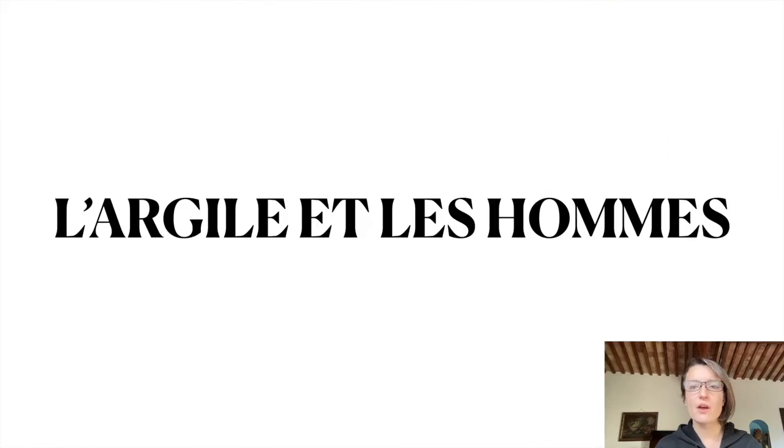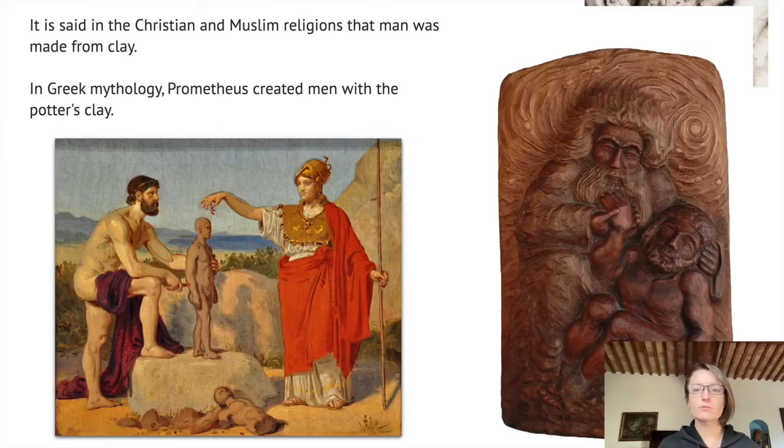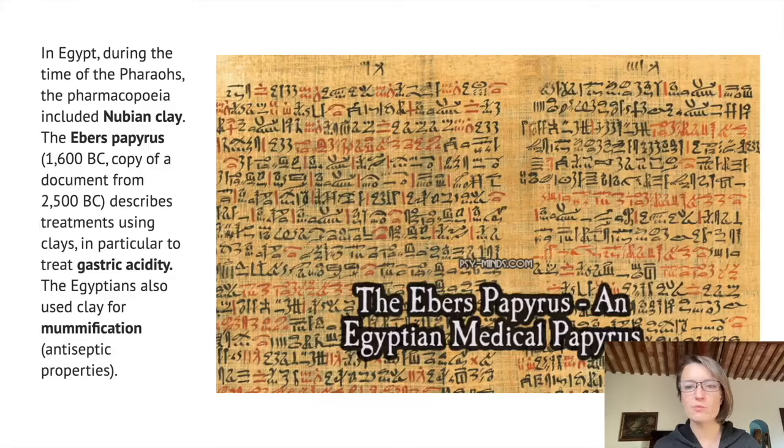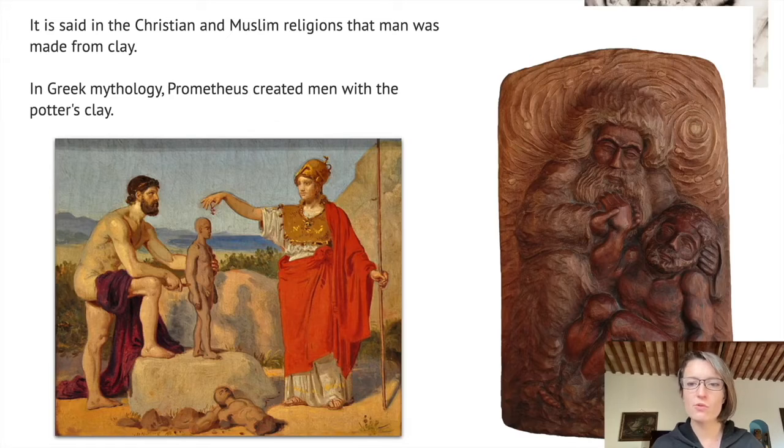So this is clay and men through history. I won't detail that part too much because it's way too long, but just know that humans have been using clay forever. It's mentioned in the Bible, God made men from clay.